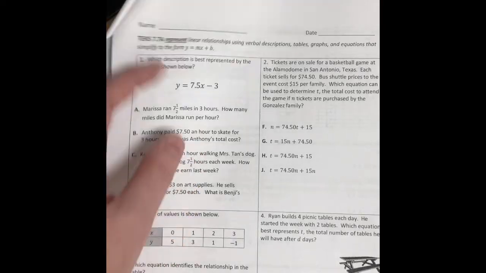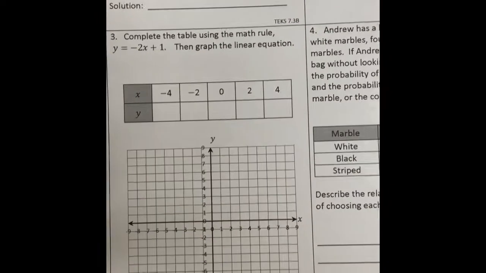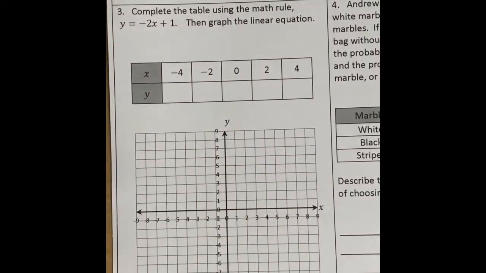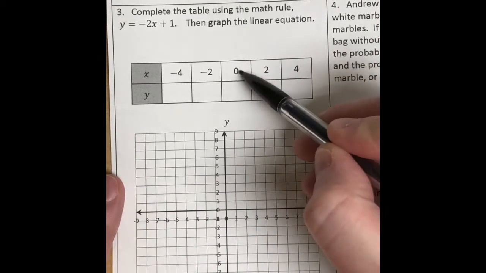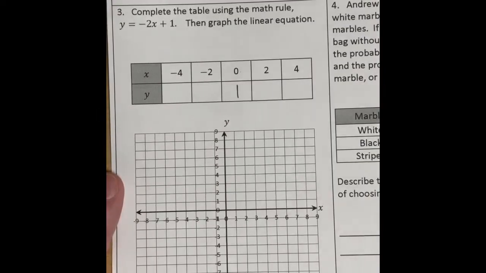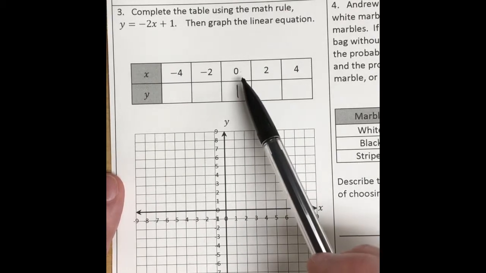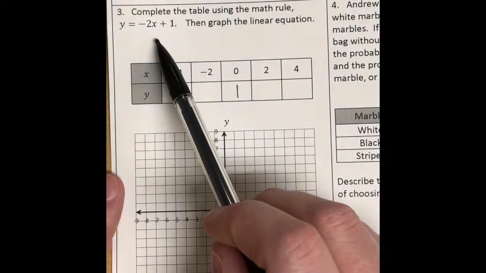Remember one thing that I said, and I'm going to zoom in on this example, is that your plus 1 is where it hits the y-axis. So that means wherever x is 0, it is 1 on the y-axis, okay? And so another way to figure out how to fill in the rest of this graph, let's say I didn't even know that, is to take each x number and fill it in where it's at.